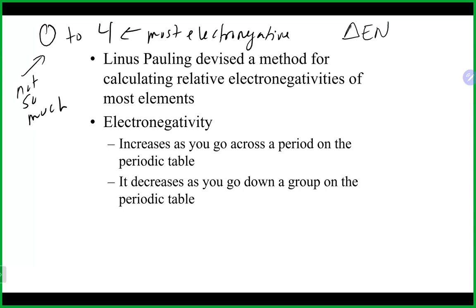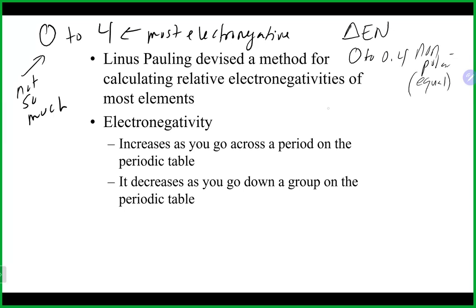You basically take the two values in the bond, one for each element that's in the bond, and you just subtract the smaller from the larger so you get a positive number. And if you do that and you end up anywhere from 0 to 0.4, that is considered a nonpolar bond. So if you got 0 to 0.4 difference, you could consider that equal sharing of electrons, basically.